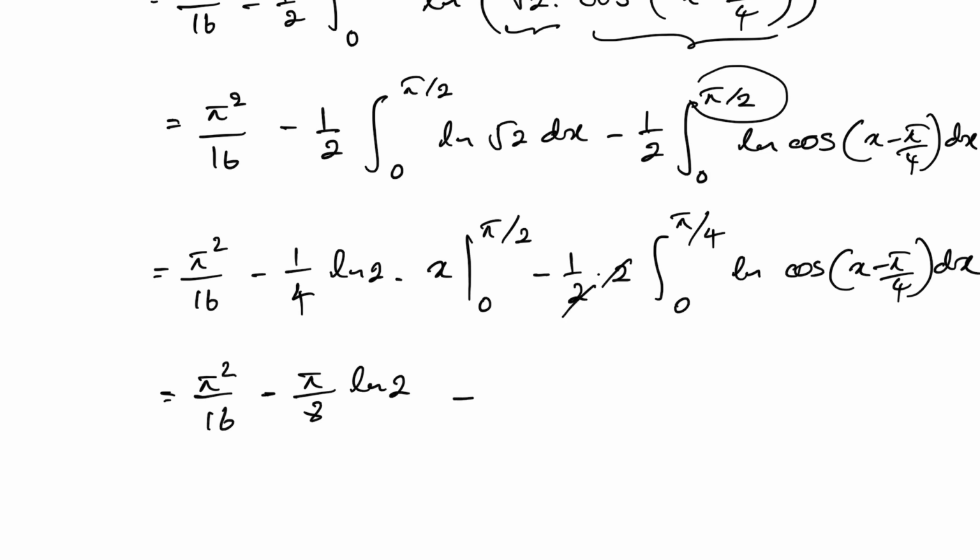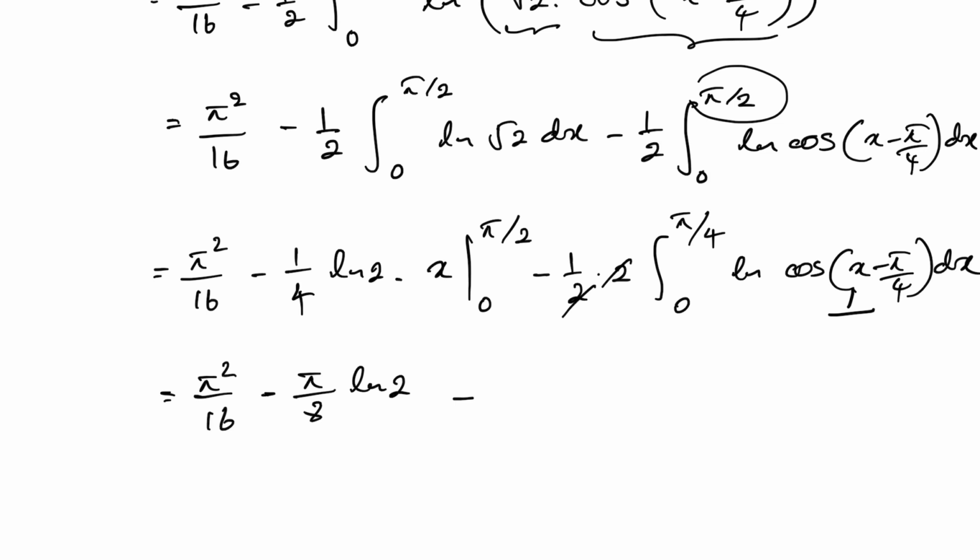So here we have minus integral from 0 to pi over 4 natural log of cosine of x minus pi over 4. But we know integral from 0 to a of f of x dx is equal to integral from 0 to a of f of a minus x dx. So instead of x, we can substitute pi over 4 minus x.